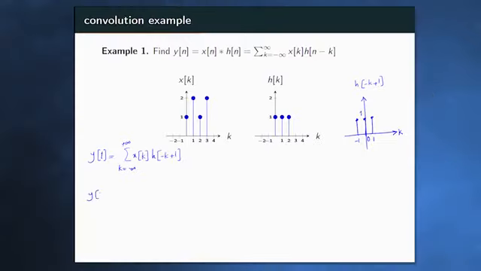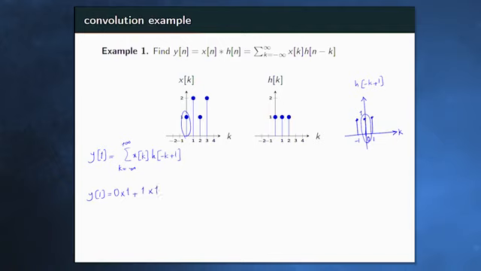So y of 1 is going to be equal to, for k equal to -1, I have 0 from x, and I have 1 from this new signal, h of minus k plus 1. For k equal to 0, I have 1 from x of k. This is the signal that I'm talking about. And I have that sample from x of k and this sample from h of negative k plus 1.